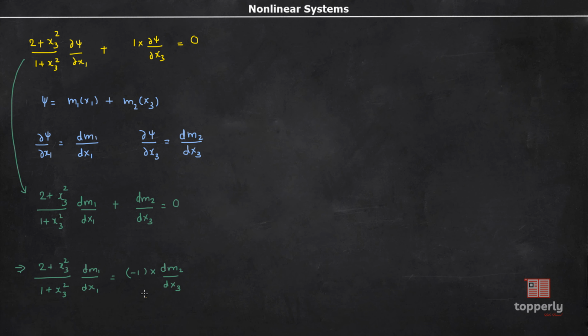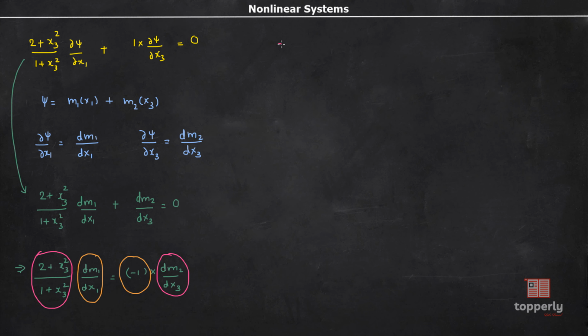Now to solve this, let us assume dm1 by dx1 equal to minus 1 and dm2 by dx3 equal to (2 plus x3 square) by (1 plus x3 square).